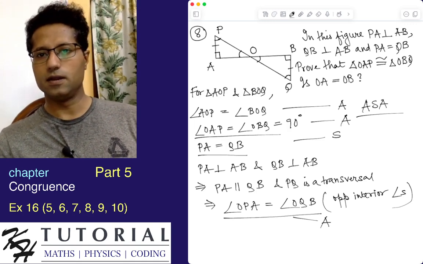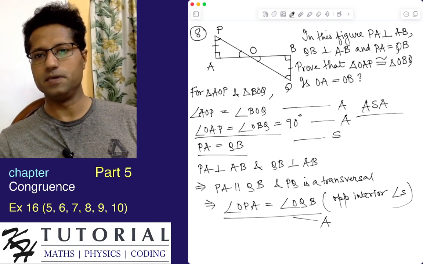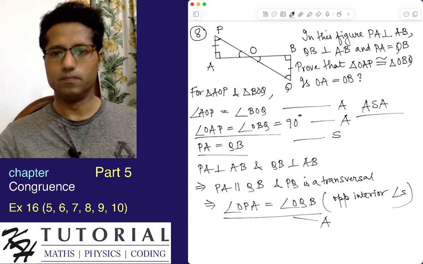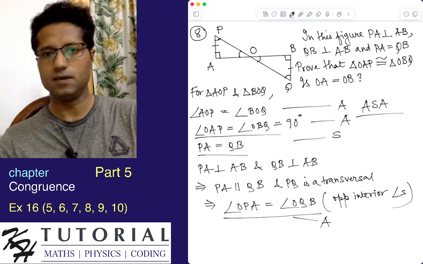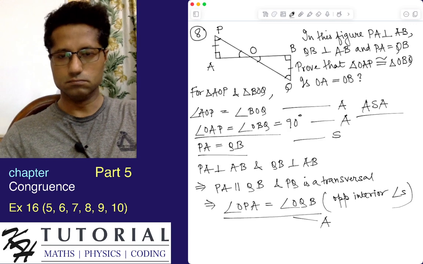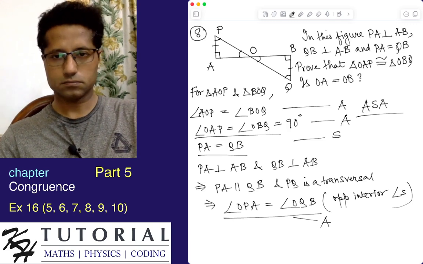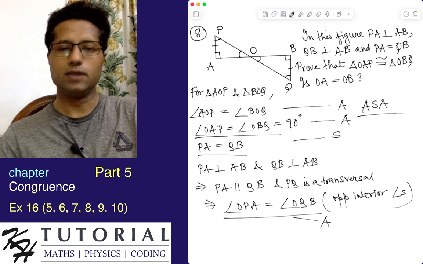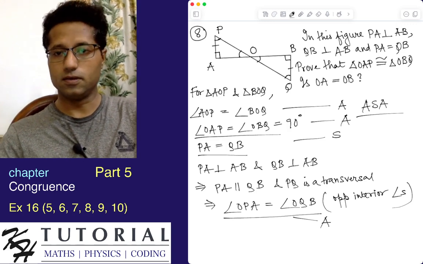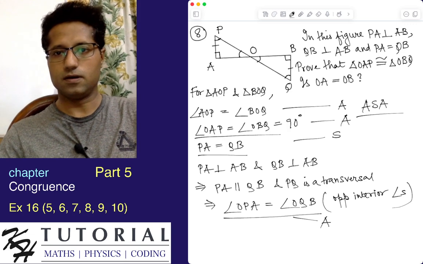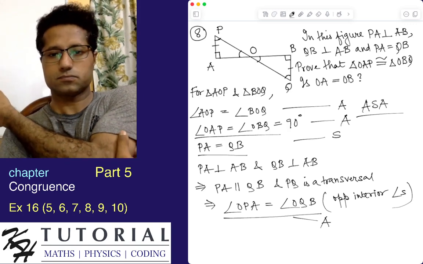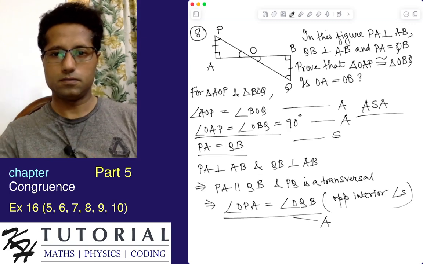Similarly, in triangle BOQ, the right angle at B and the angle OQB include the side BQ, and we already have PA equals QB.